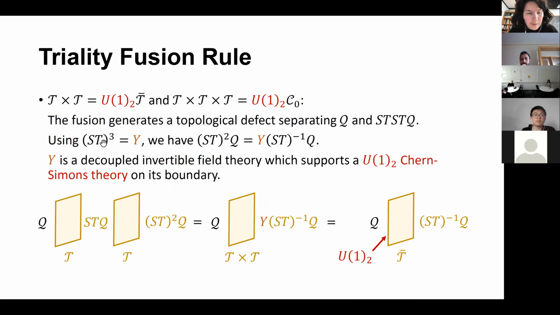So then this gives us the interesting fusion that T fused with T will give us T bar with a fusion coefficient that is given by the partition function of a U1 level 2 Chern-Simons theory. And now you can just apply this operation twice, then you will get that when we fuse T 3 times, we'll just get the condensation defect C0 and with a coefficient U1 level 2.